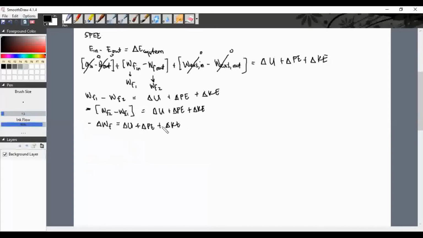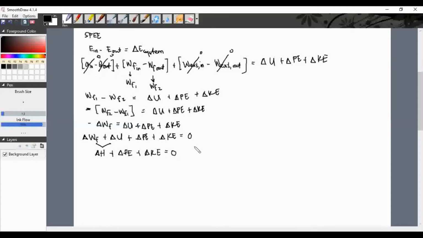Transpose this to the other side: delta flow work plus delta U plus delta PE plus delta KE equals 0. Collectively, the sum of the first two is the change in enthalpy. So this becomes change in enthalpy plus delta PE plus delta KE equals 0.